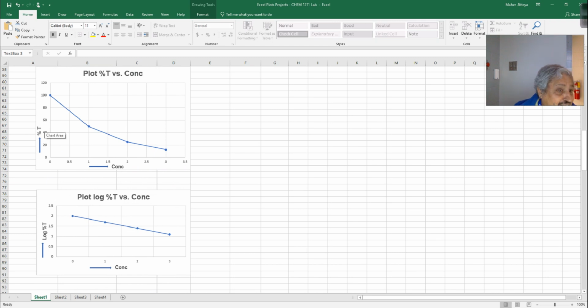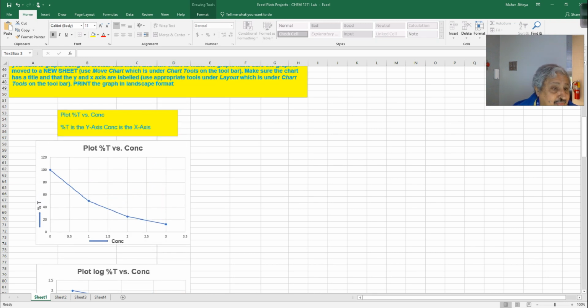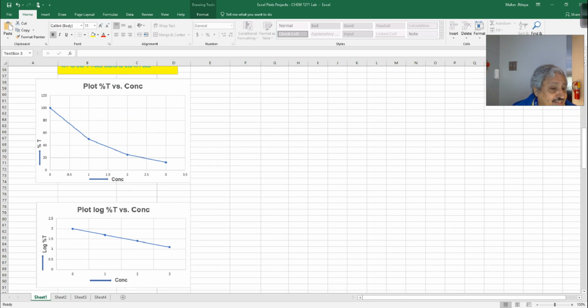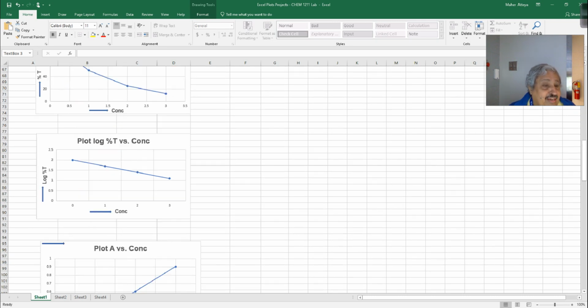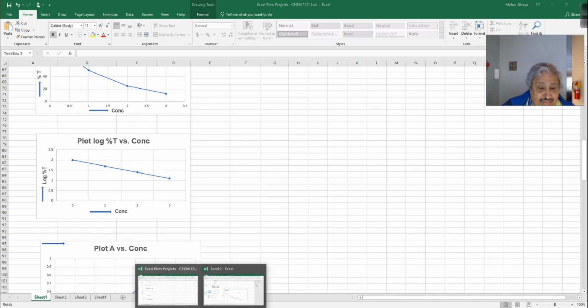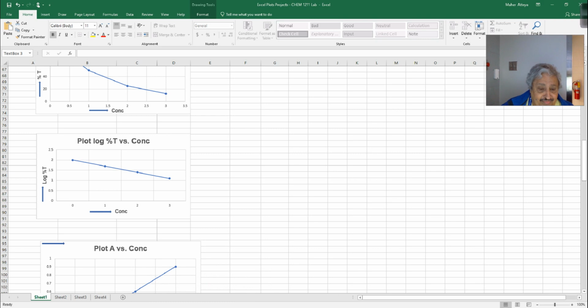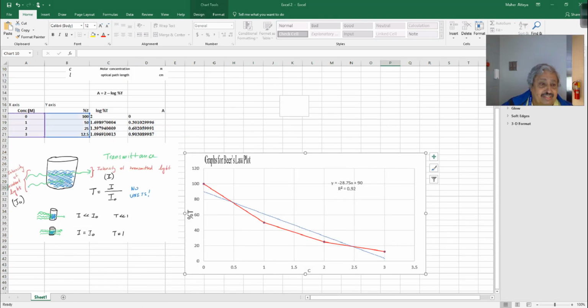Okay, guys. Any question? That's the first one. Now let's do the second one: log transmittance versus concentration. Here it is, guys. Ours is here. We need log and log 2 and the concentration.